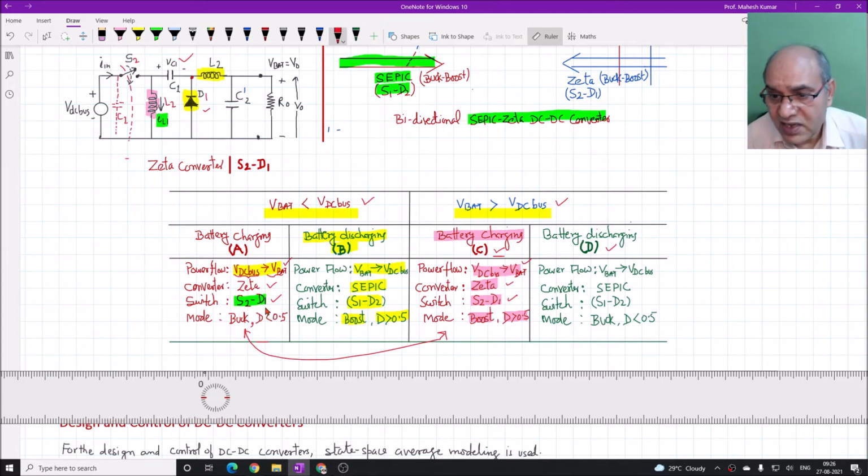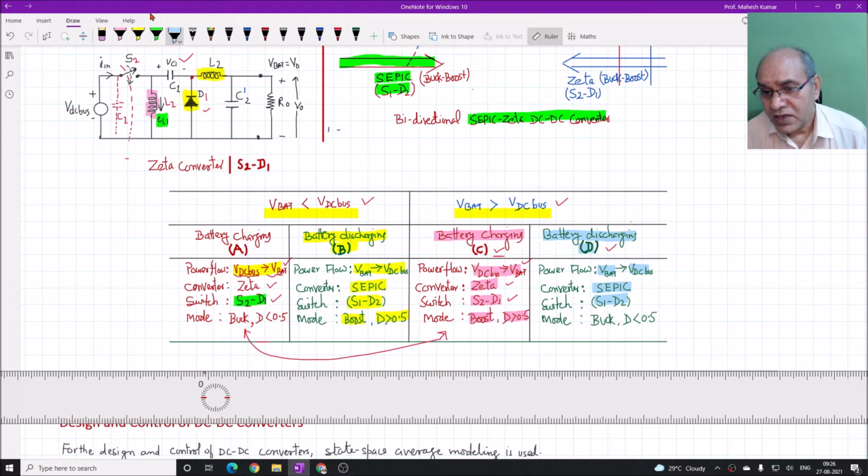Now take the battery discharging case. This is D case, and for that the power will flow from battery to DC bus, because battery is getting discharged, so battery is acting as the source and DC bus is acting as the load. If you see from the battery side, it is always SEPIC topology for the S1 D2 combination.